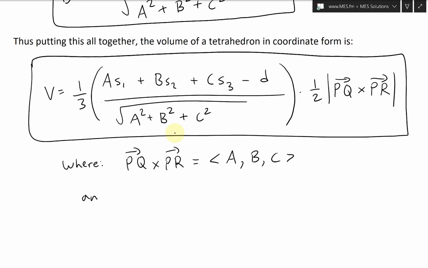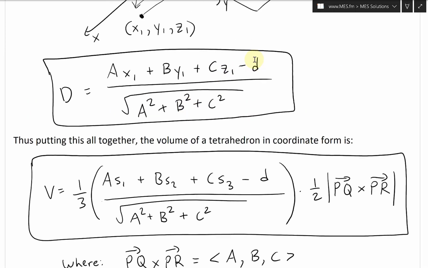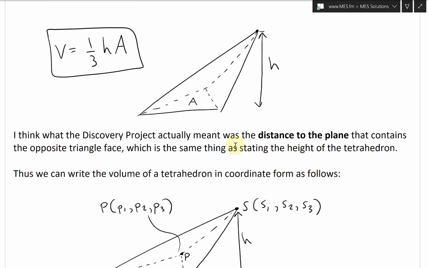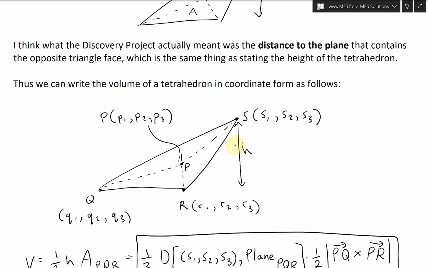And we know that this D is equal to, if we go back upward, A x0 plus B y0 plus C z0. And again, if we go back up here, this is our n.